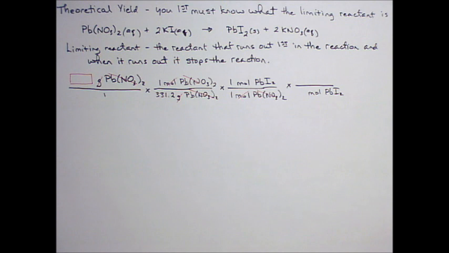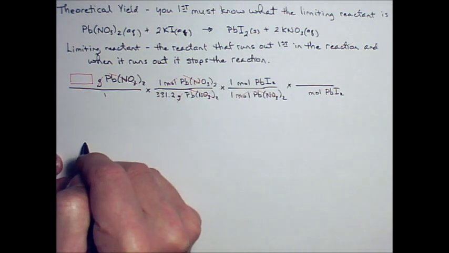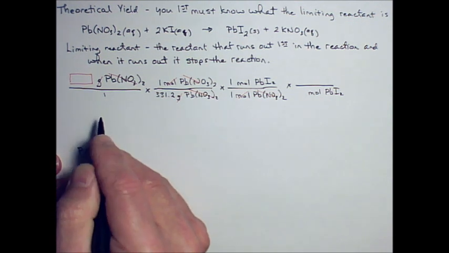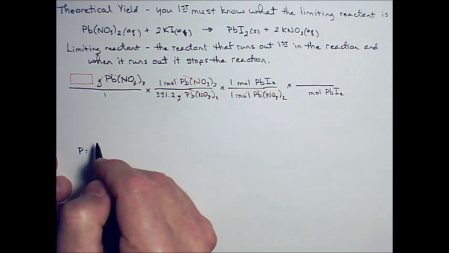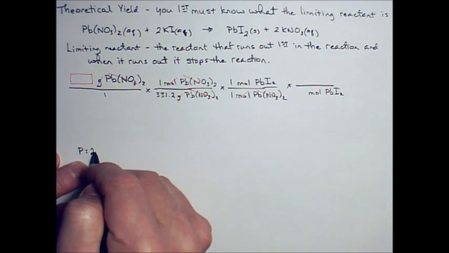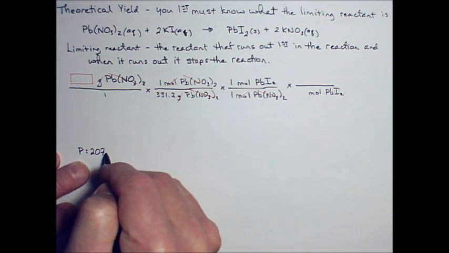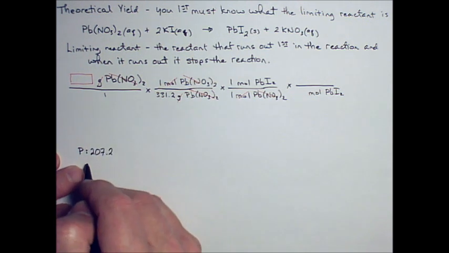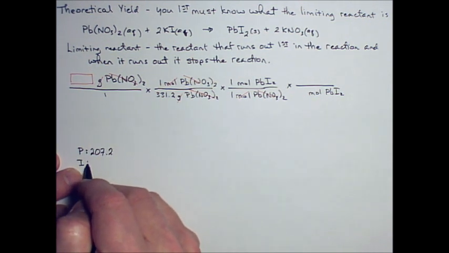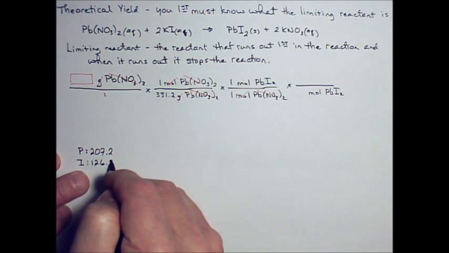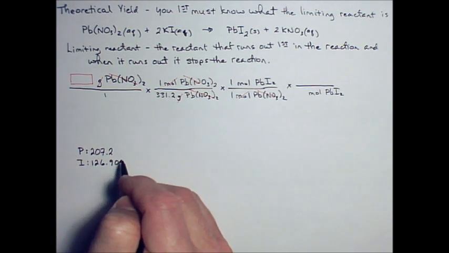Okay. All right. So we have to calculate then the molar mass of lead II iodide. So lead is the atomic mass of lead. You'll find out on the periodic table is 207. Actually, it's the average atomic mass, 207.2, and the atomic mass of iodine is 126.904.